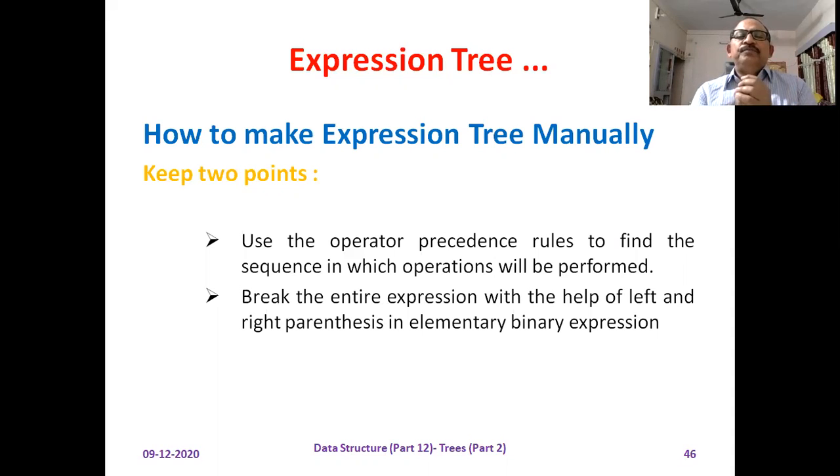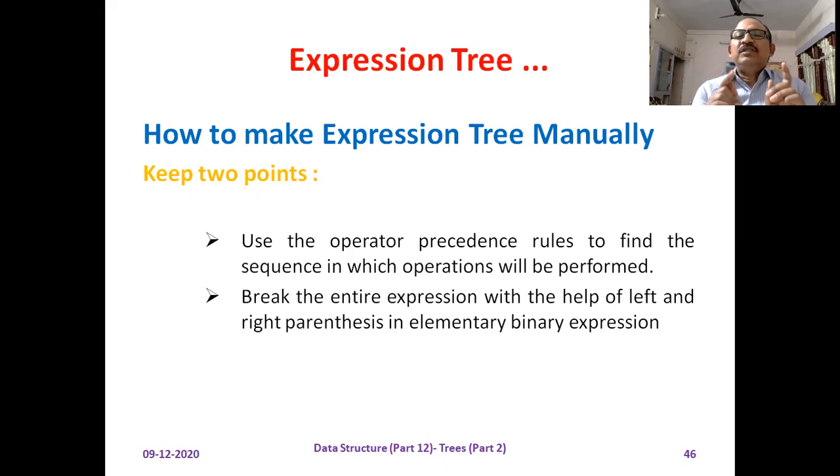You simply take the operator. What is the operator in this expression? In a plus b, plus is the operator. Take the plus operator and make plus the root node. First step. In the next step, make a the left child and b the right child.